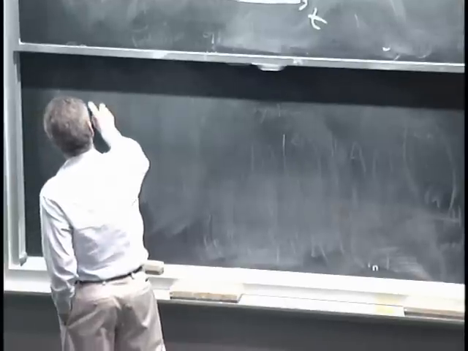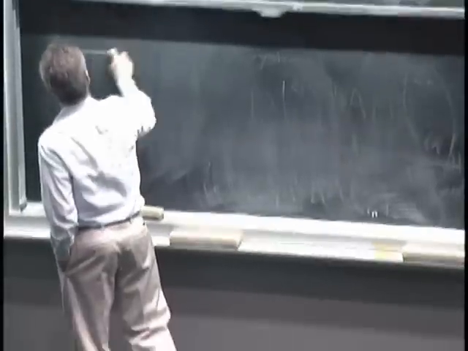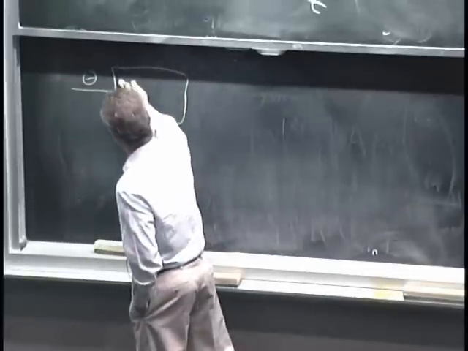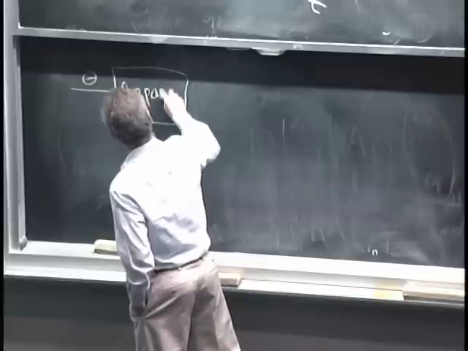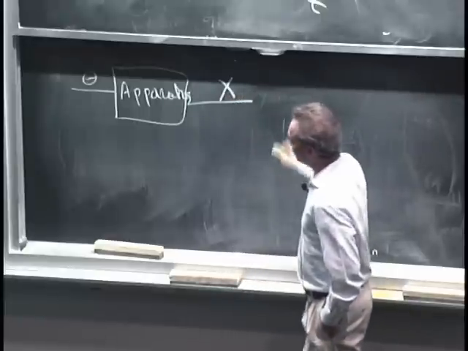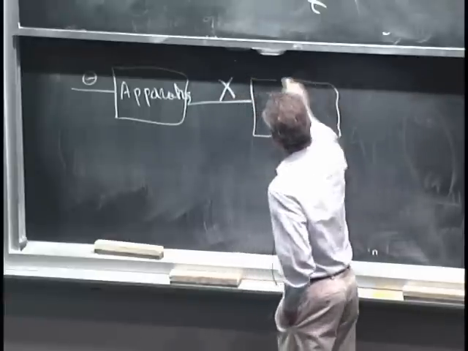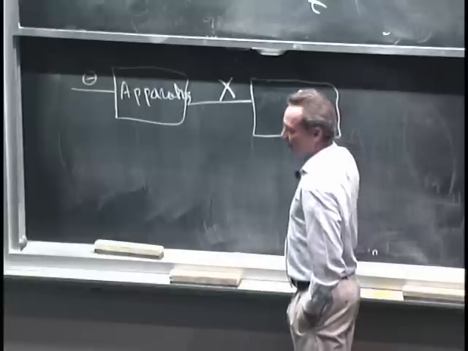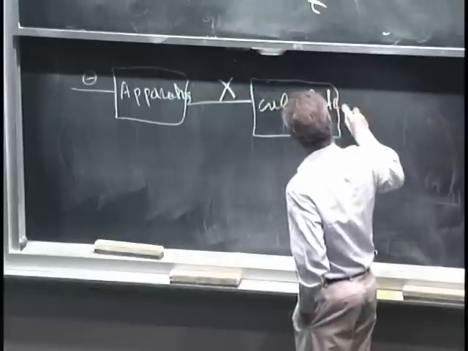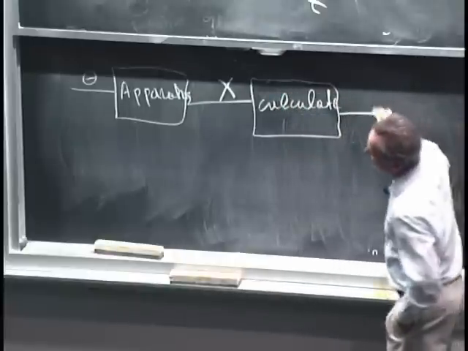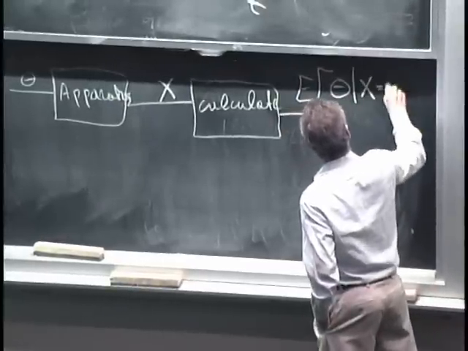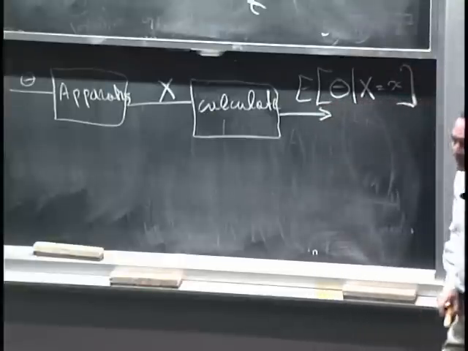So the picture here is that theta is unknown. You have your apparatus that creates measurements. So this creates an x. You take an x, and here you have a box that does calculations, and it spits out the conditional expectation of theta given the particular data that you have observed.